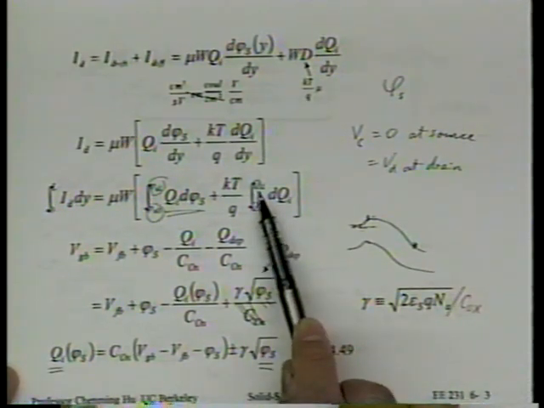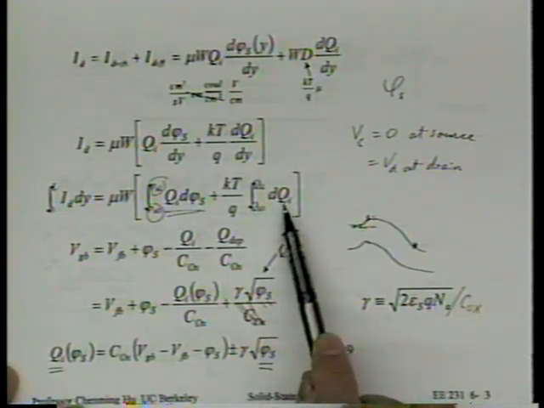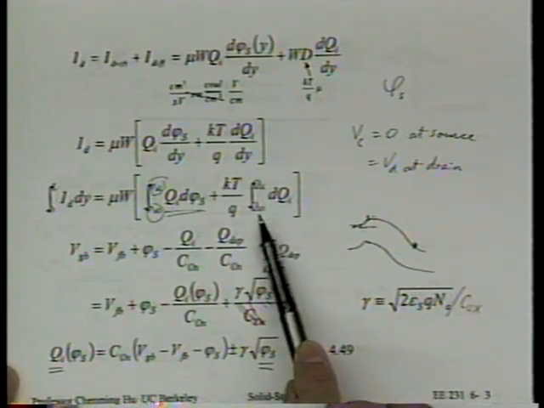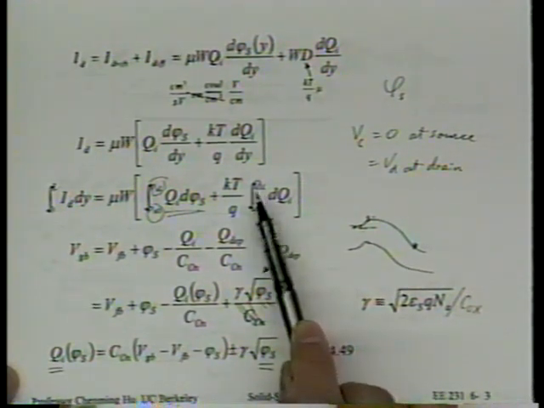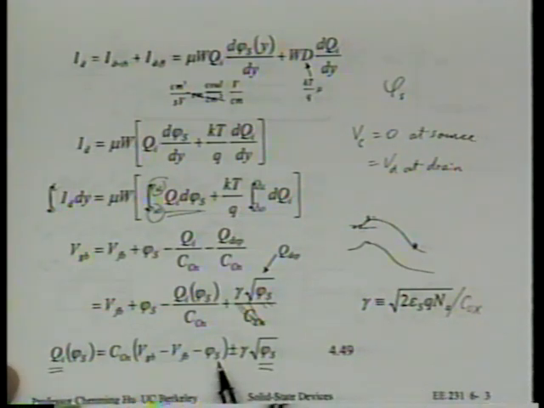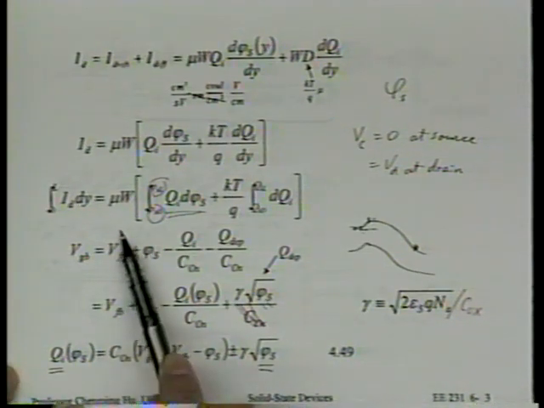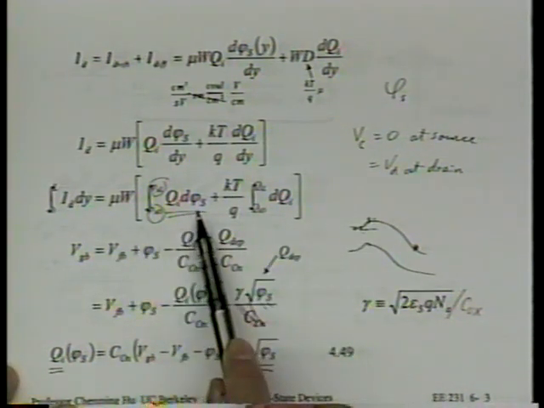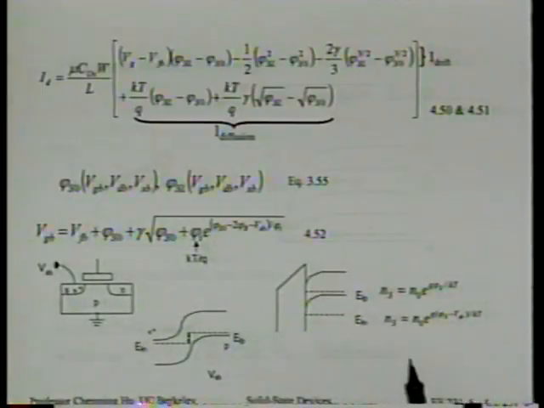Once we get Qi at L and Qi at 0, we simply express them as a function of phi s at 0 and phi s at L. All right. So the right-hand side will only be a function of phi s at 0 and phi s at L, as shown in the next slide.